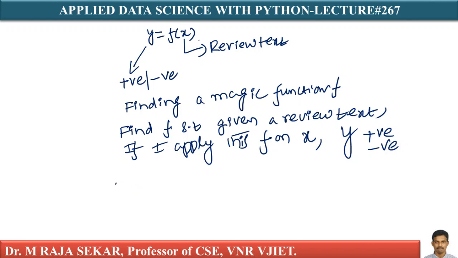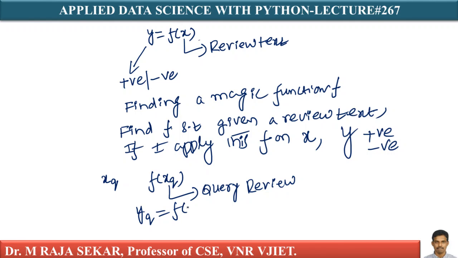Specifically, it's about given a new review xq. What is f of xq? Here xq is the query review. Yq equal to f of xq. This yq should say whether it is a positive or negative review.